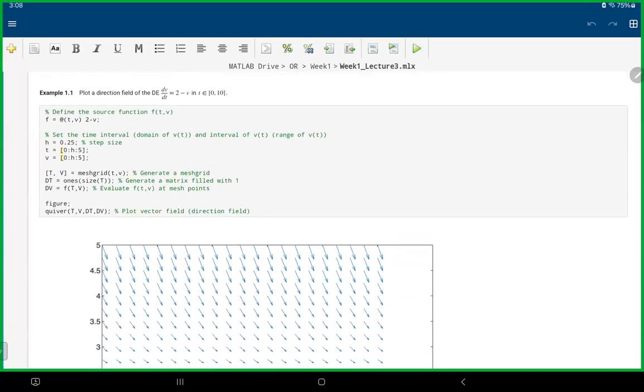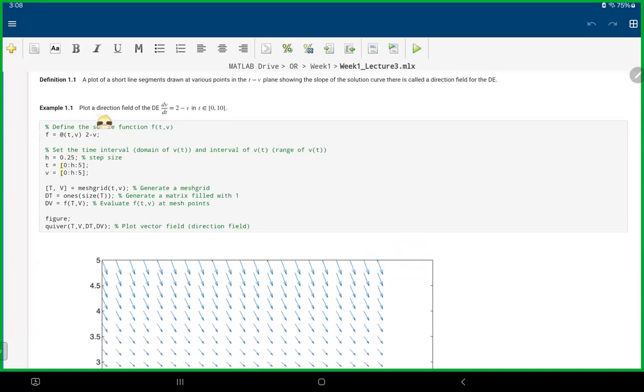So this one, you see that right there. Example 1.1, the differential equation, exactly what we got in the previous example. We define the function f, which is the right-hand side of the differential equation, in MATLAB. It's called a function handle. So t and v, you see the @ and the open parenthesis.